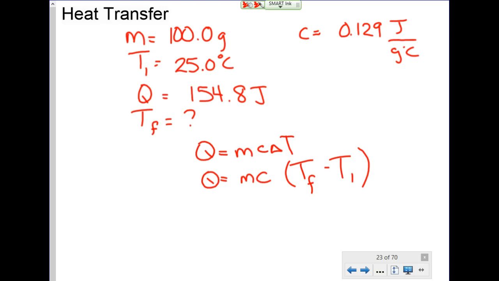The second step is temperature change is equal to final minus initial. You just calculated that the temperature change was 12.0 degrees Celsius. We don't know what the final temperature is. We know that the initial temperature was 25.0 degrees Celsius. We add 25.0, negative 25 plus positive 25 is going to be equal to 0.